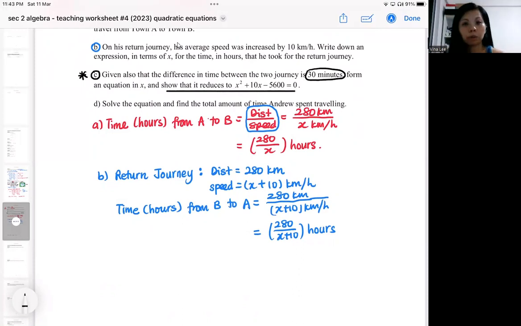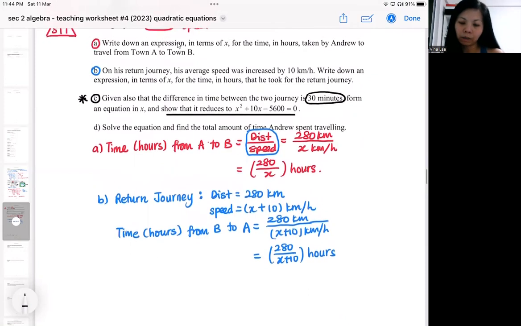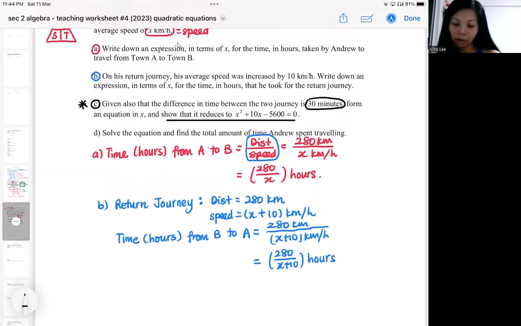When we talk about the difference, it is always the longer journey subtracting the shorter journey. So you got to think a little bit, which one takes a shorter time and which one takes a longer time.